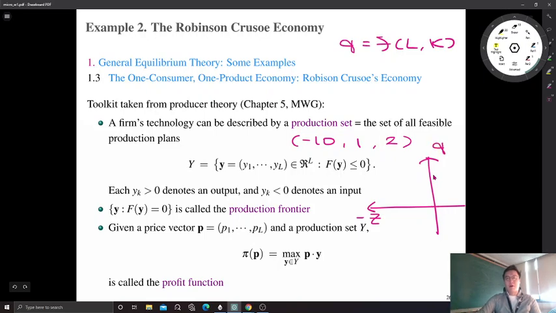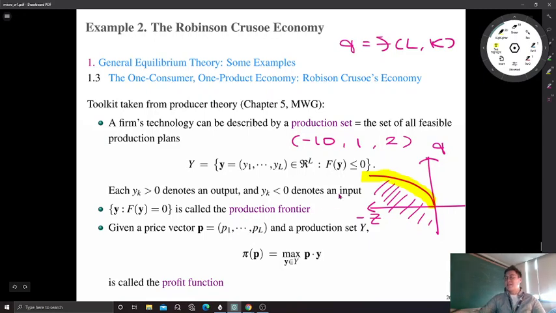Then the production set is going to be like this. So it appears in the second and third quadrants of the coordinate system. Cool. And then we call this frontier the production frontier or transformation frontier, right?